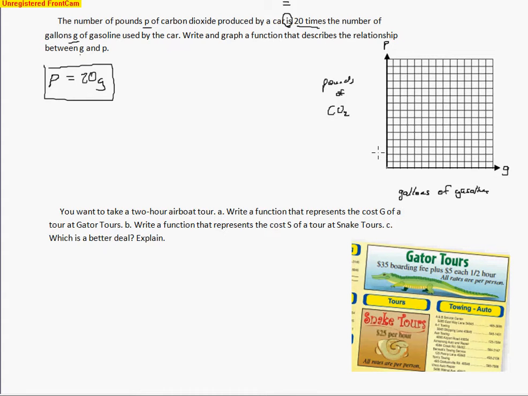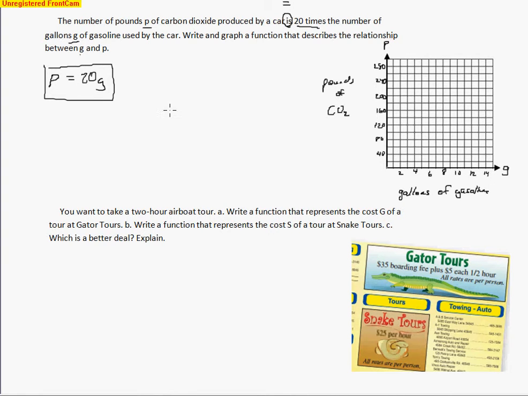I'm going to call this one 40, this would be 60, 80, 100, 120, 160, 200, 240, and 280. And I'll count by ones this way, but I'll just write every other number. So 2, 4, 6, 8, 10, 12, and 14.